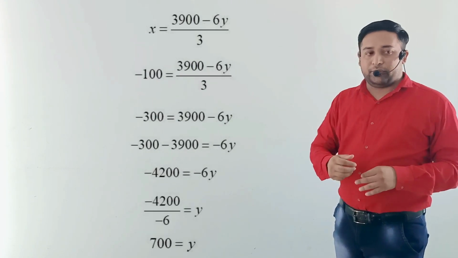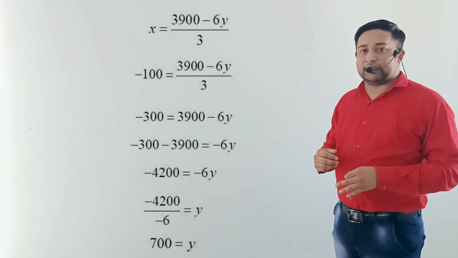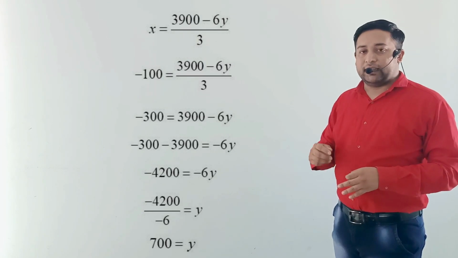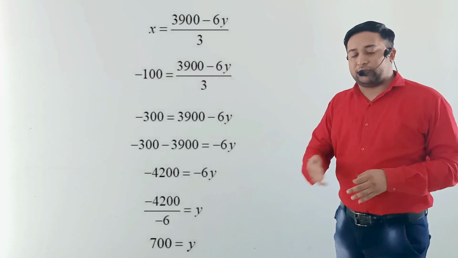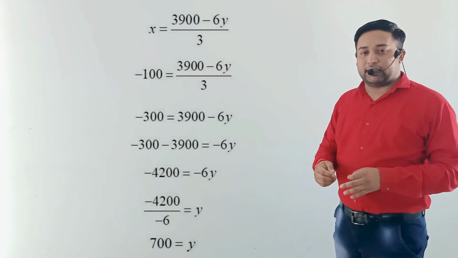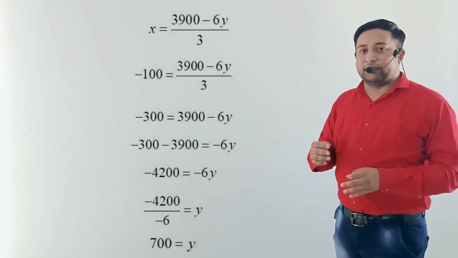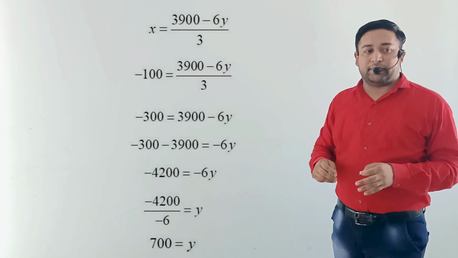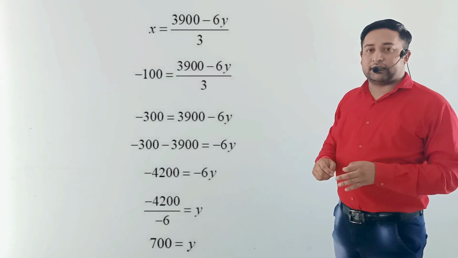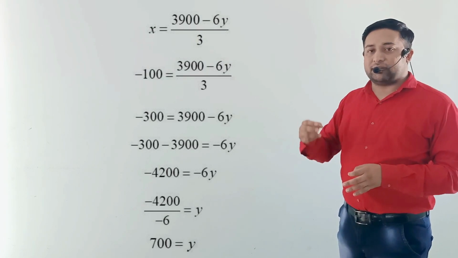The third value, taking x equal to minus 100. x is equal to 3900 minus 6y by 3, so minus 100 is equal to 3900 minus 6y by 3. Multiplying by 3, minus 300 is equal to 3900 minus 6y.